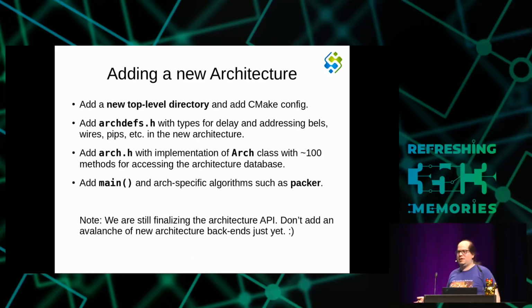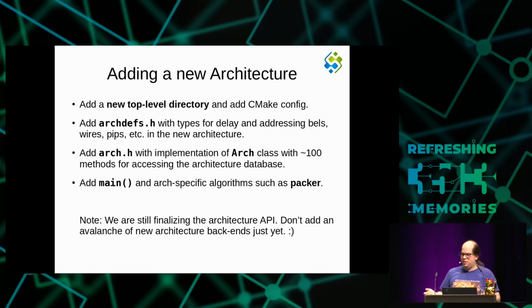On another architecture, it might be a struct with an X and a Y coordinate identifying a tile, and then another integer that is like the bell index within that tile. And we want each architecture to be able to use the most compact representation possible in that architecture without losing the flexibility that we need to support really large devices.